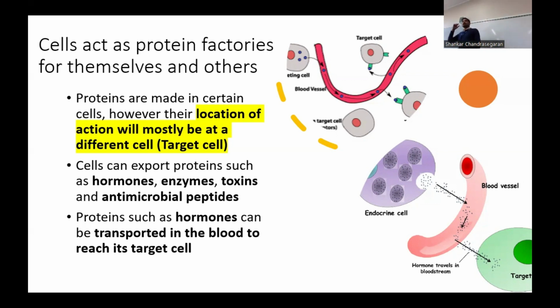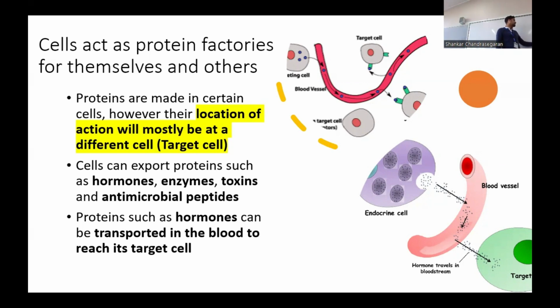So another example, a lot of the hormones that you guys are using in your body is actually made inside your brain. A part of your brain makes a lot of those hormones, but the fact is their function is going to be all over your body. Those hormones need to travel in your blood and then need to get to that specific target cell, be released, bind to that target cell, and then only they will have an effect, right?